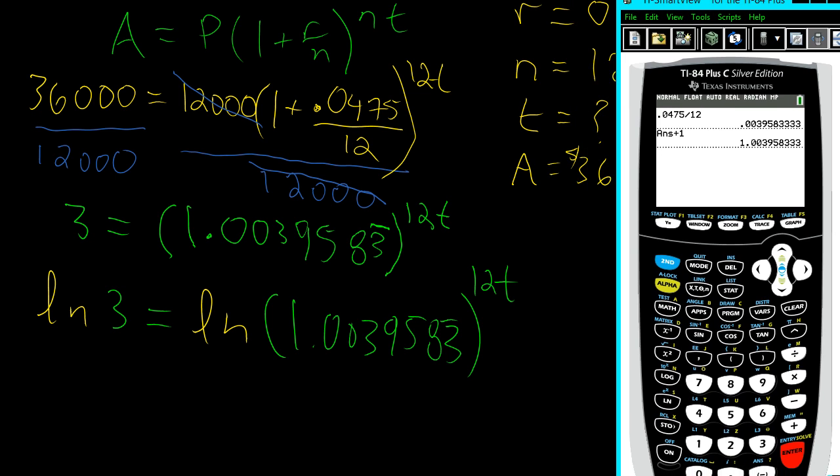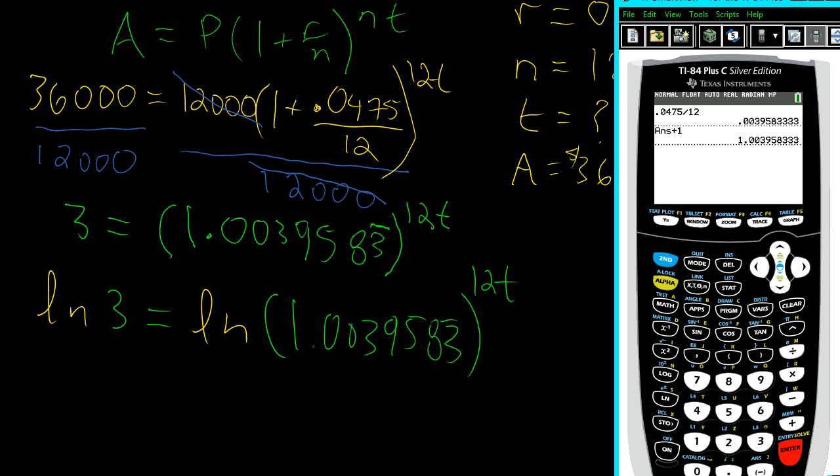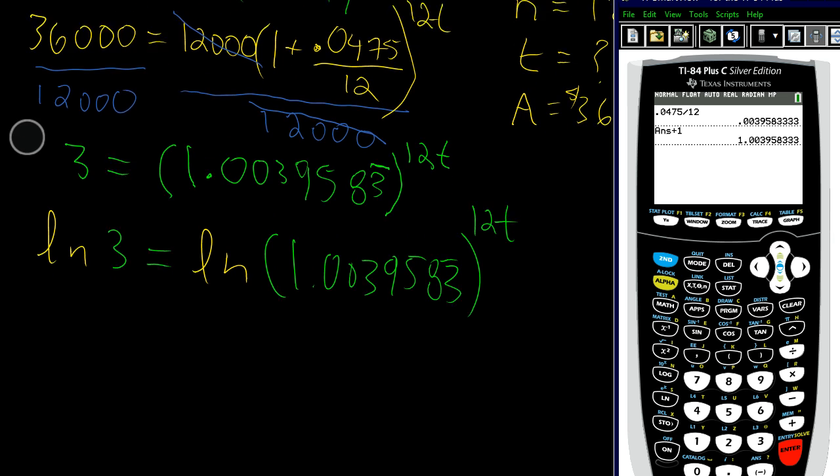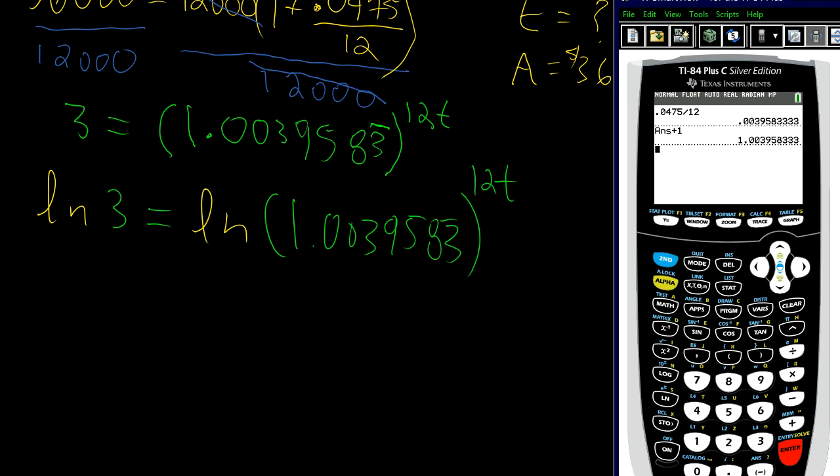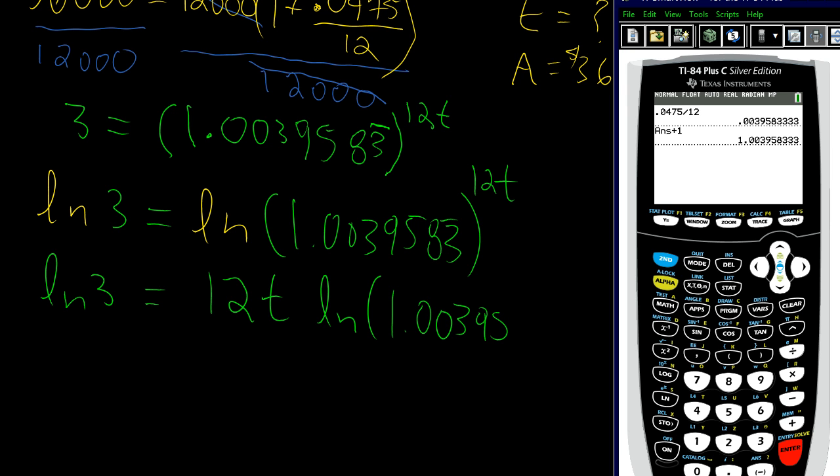So the wonderful property of logs allows us to take down our exponent and put it to the front of the expression. So natural log of 3 equals 12t times natural log of 1.003958 repeating. So you can see our exponent moved down in front of the expression.